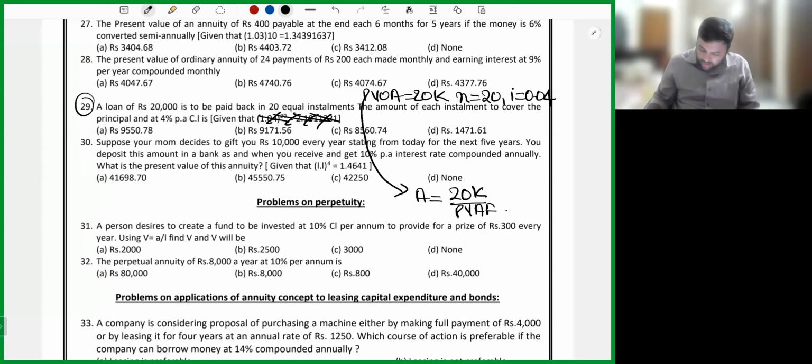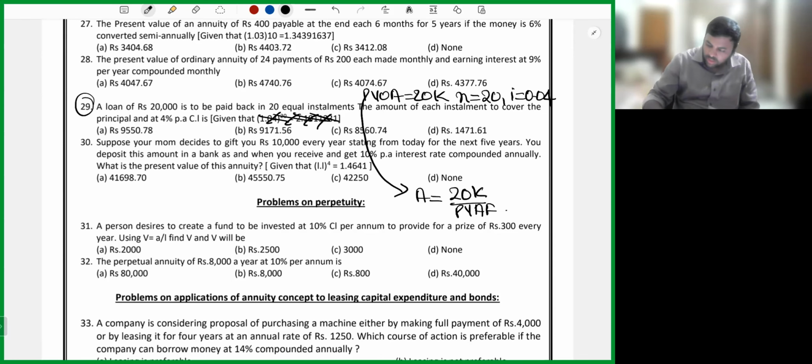I hope you solved it, my dear friends. So the present value annuity factor will be 1 divided by 1.04, equal to symbol, 20 times. 1, 2, 3, 4, 5, 6, 7, 8, 9, 10, 11, 12, 13, 14, 15, 16, 17, 18, 19, 20. Grand total.